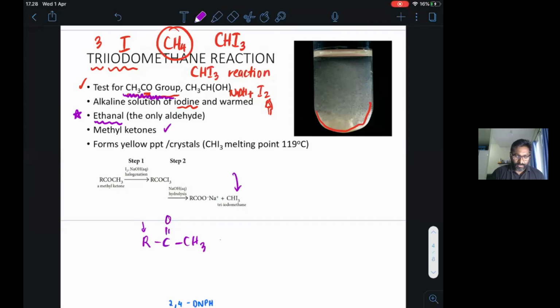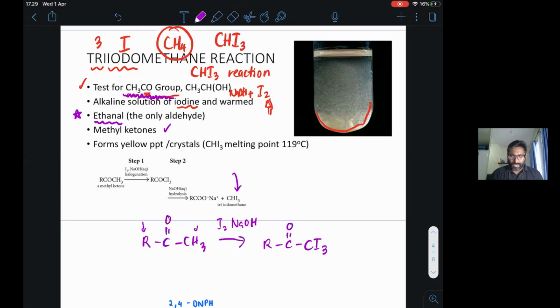When you have I2 and NaOH, this will change into R, C double bond O, and all three H will be replaced by iodine to give you CI3.